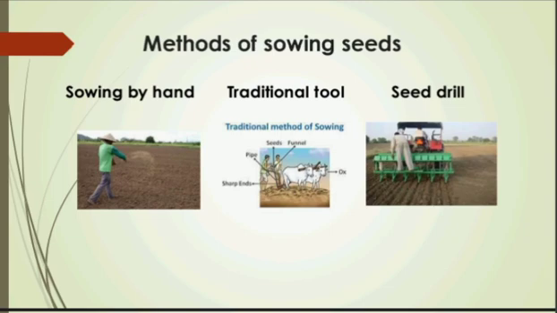An appropriate distance between the seeds is important to avoid overcrowding of plants, and this allows plants to get sufficient sunlight, nutrients and water from the soil. Therefore, seed drill is the more effective method for sowing the seeds.